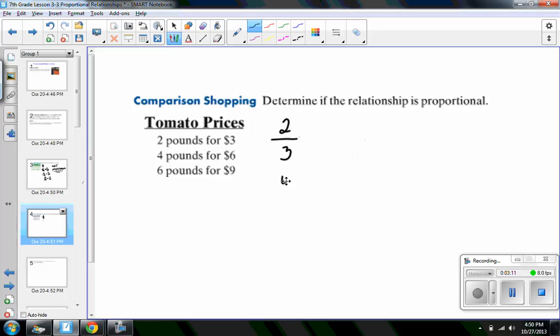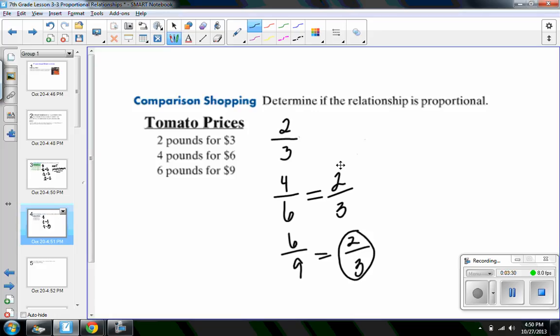Then I'm going to take my input of 4, the output of 6. I can simplify this by dividing the top and bottom by 2, so I get 2 to 3. 6 to 9, and again I can simplify it by dividing by 3, and I get 2 to 3. So because all of our ratios simplified are the same, this relationship is proportional.